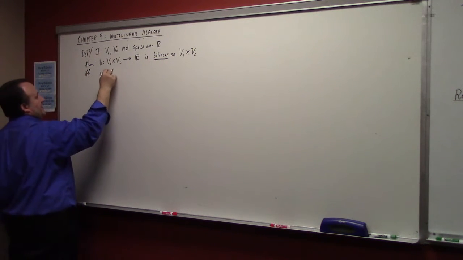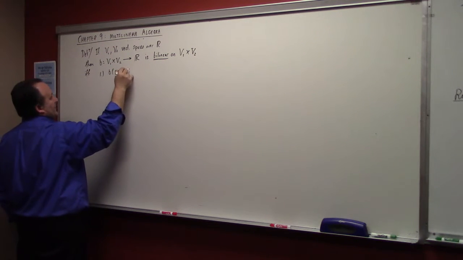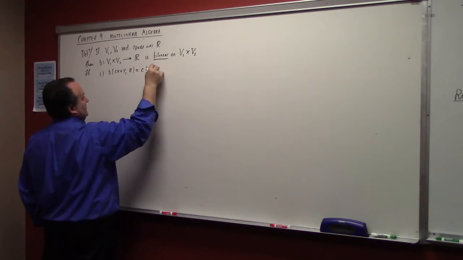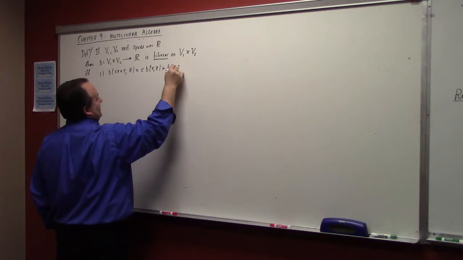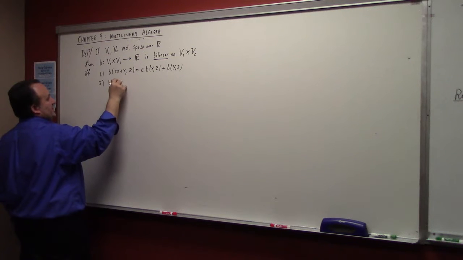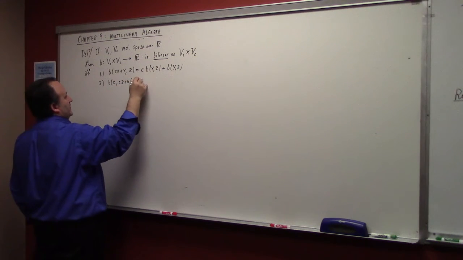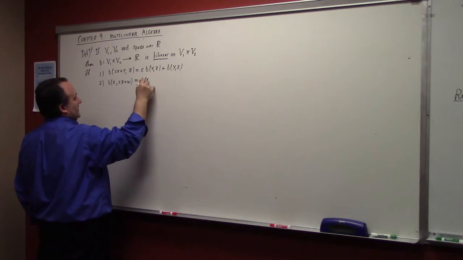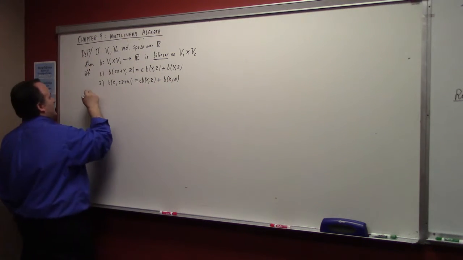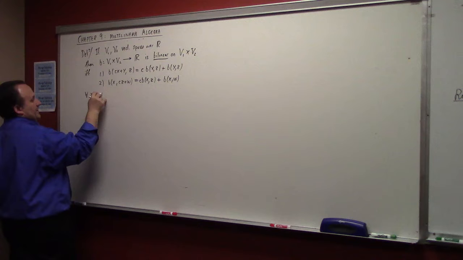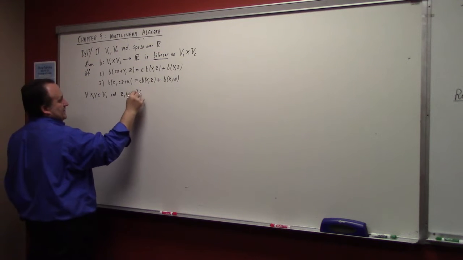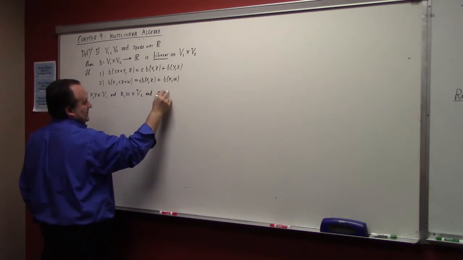So number one, we need B of cx plus y comma z to be c B of x comma z plus B of y comma z, and number two, B of x comma cz plus w is equal to c B of x comma z plus B of x comma w, and that's for all x and y in V1 and z and w in V2 and c in the reals.